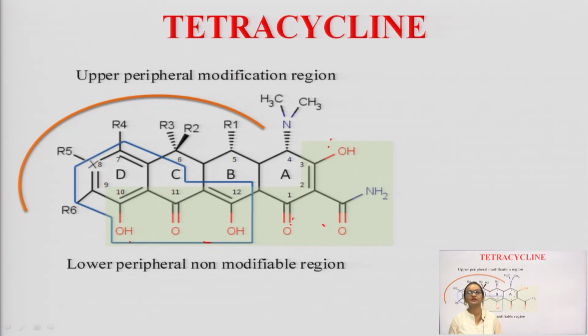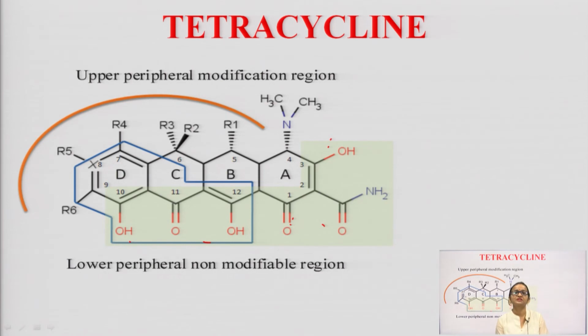We have seen in the mechanism of action of tetracycline that it inhibits protein synthesis, and how is it inhibiting this protein synthesis? Because it is binding with the 30S ribosomal subunit. Getting my point? It is inhibiting protein synthesis because it is binding with the ribosomal 30S subunit.